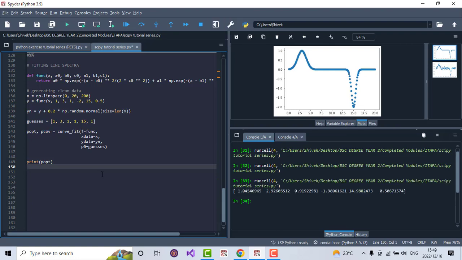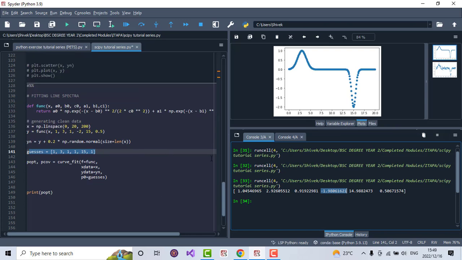So I do a print, and as you guys can see, I have my 6 values for my 6 constants for the equation as estimated by SciPy's CurveFit function. We assume that the guesses we have are 1, 3, 1, 1, 15, and 1. And SciPy has succeeded in catching that negative value that fits the data equation. So as you guys can see, this is what we have.